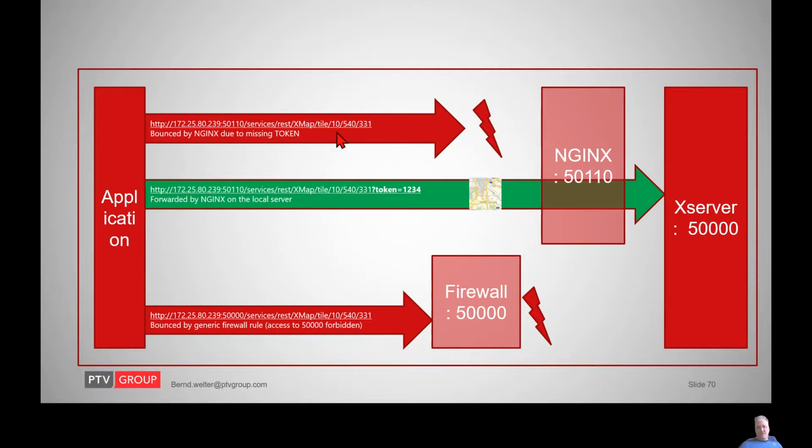The second and third approach are not connecting to port 50,000 directly from outside, but through port, let's say in this example, 50,110. That is hosting another component that is called NGINX, however you pronounce it.